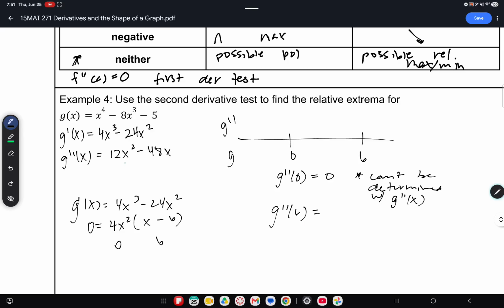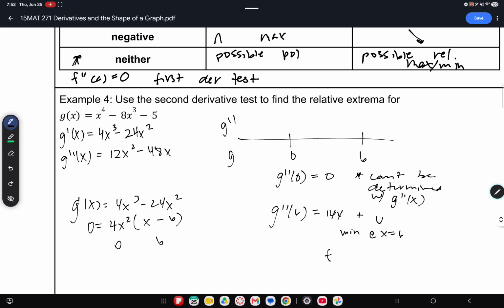Then if I do second derivative at 6, I get probably a really big number. 12 times 36, and then minus 48 times 6, I get 144. So it's positive, which means it's concave up, which means there is a minimum at x equals 6.